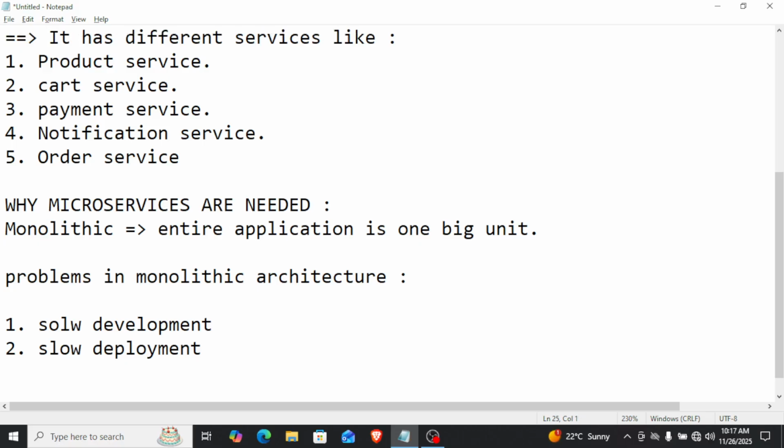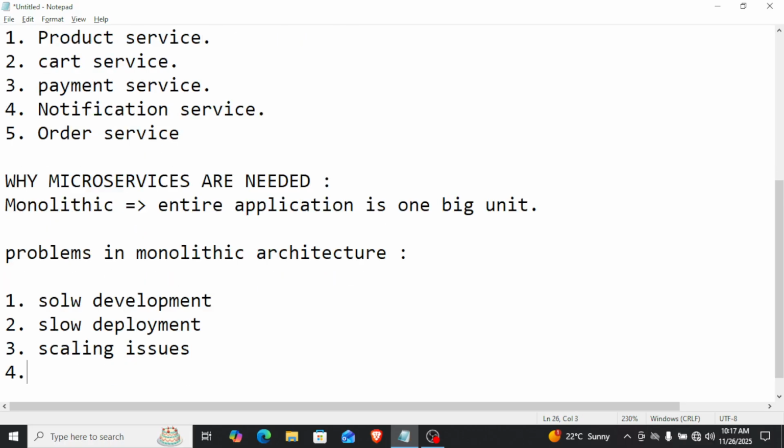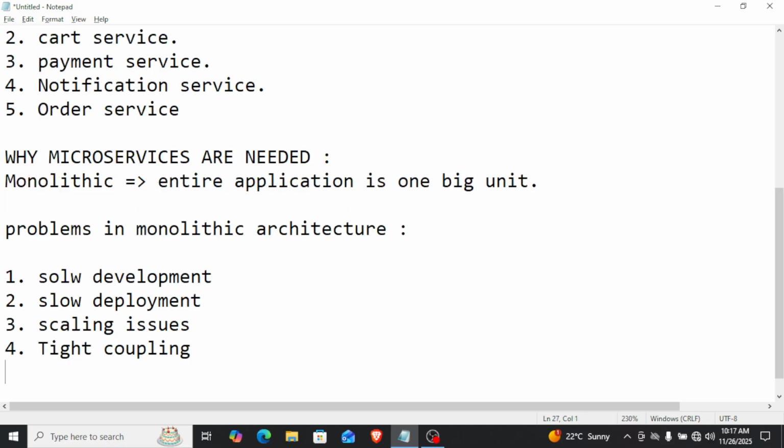And also scaling issues. We can't scale only one feature. The fourth problem is tight coupling. One error can crash the entire system. And it is hard to adopt new technologies.